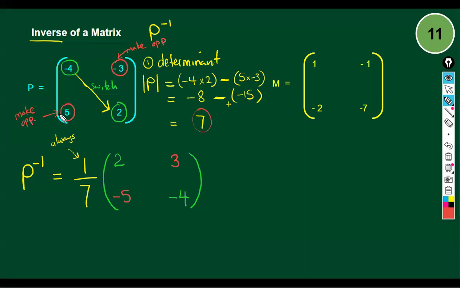You just look at each value and make it the opposite. So the opposite of positive 5 was minus 5. The opposite of minus 3 is positive 3. And we are finished. I want you all to try to find the inverse of the second question. Find M inverse for me.